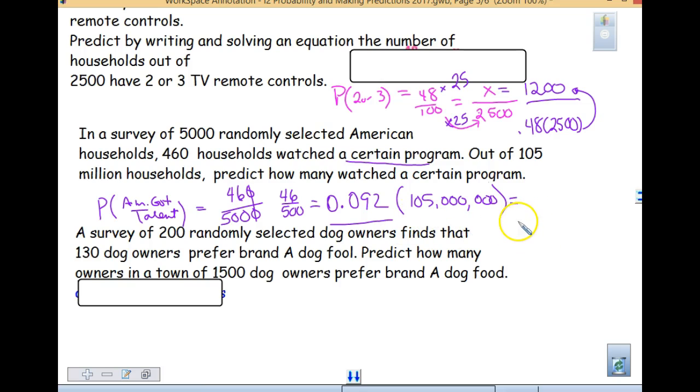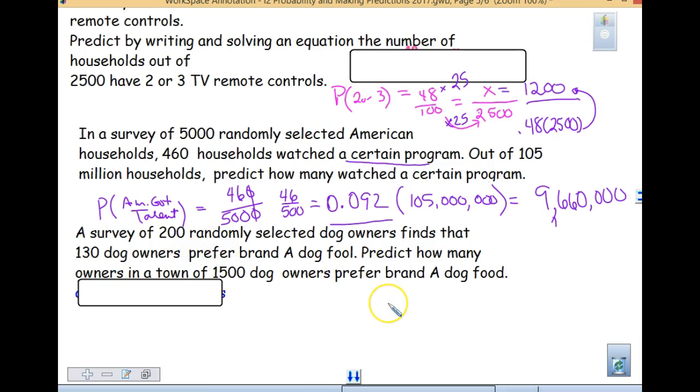Of that 105 million households, those of you that have your calculator and have plugged it in, quiz. Kylie, what'd you end up with? 9 million? 9,660,000.